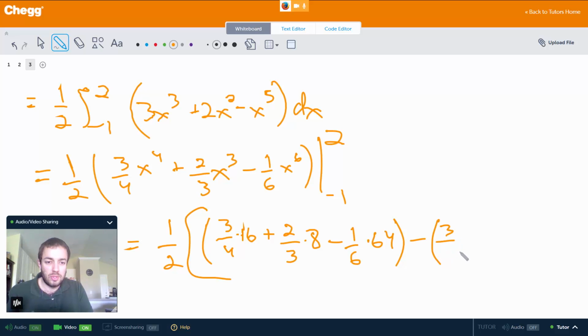So 3/4 times -1 to the 4th. Well, -1 to the 4th is just 1. So we're just going to have 3/4 times 1, which is just 3/4. And then we have plus 2/3 times -1 cubed. -1 cubed is -1. So 2/3 times -1. And then we have minus 1/6 times -1 to the 6th. -1 to the 6th is just 1. So we just have a minus 1/6. Close all of our parentheses.